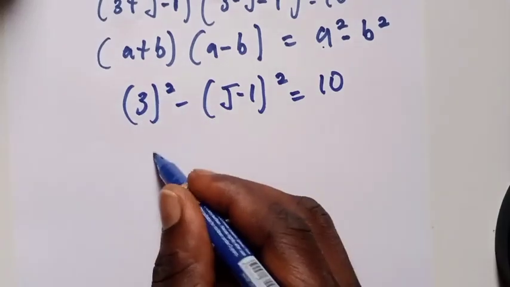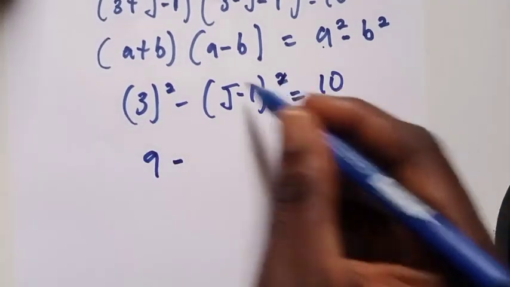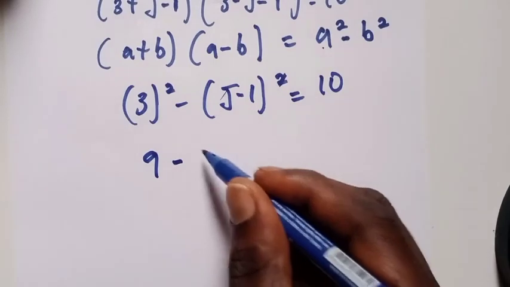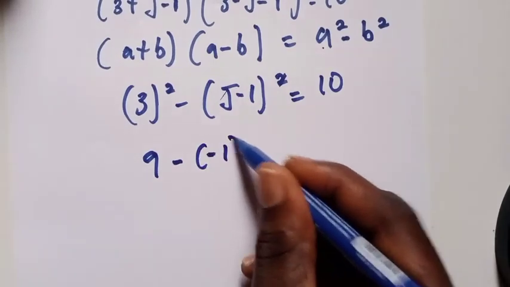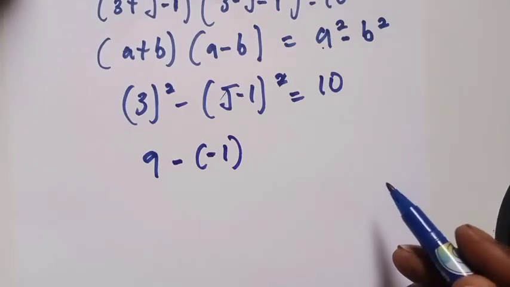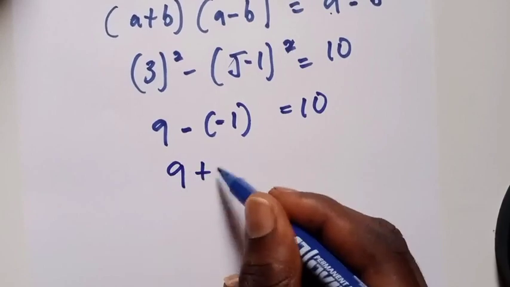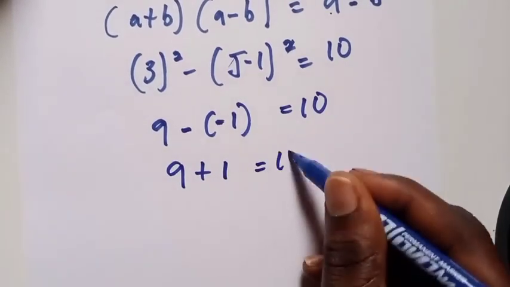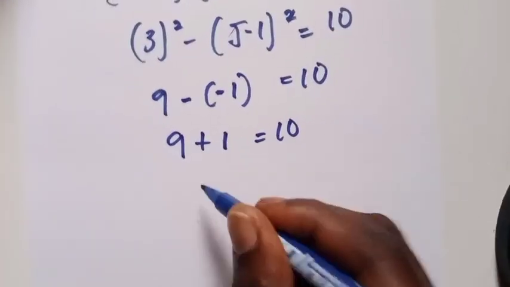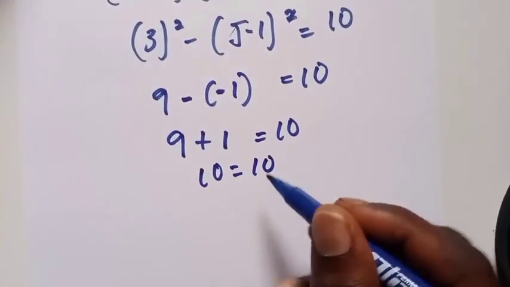So this squared is 9 minus this squared, which is minus 1, which is 10. Now 9 plus 1 will give us 10. So 10 equals 10.